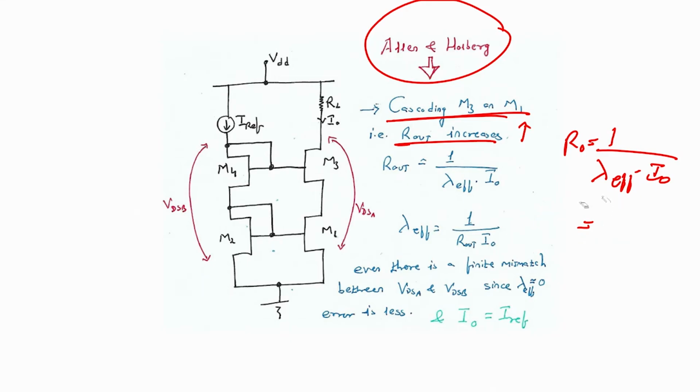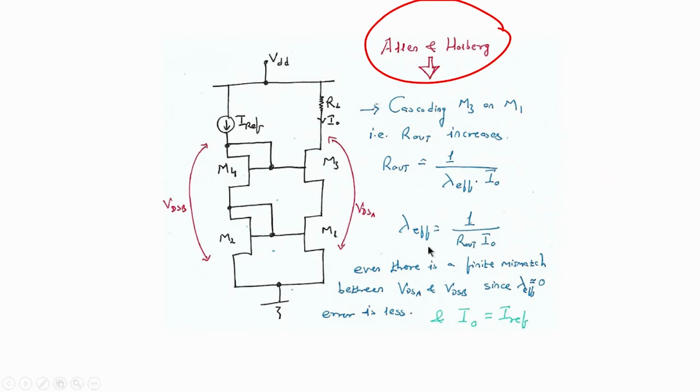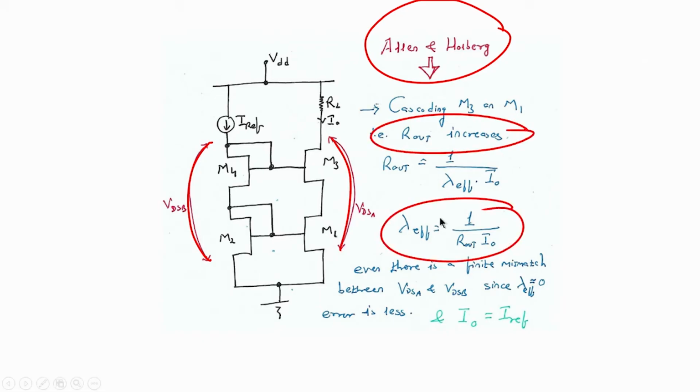When we discuss in terms of what Allen and Hallberg are proposing, it makes more sense, because if I cascode M4 on M2 or M3 on M1, my R out would increase. Since R out is inversely proportional to lambda, increasing R out will decrease lambda, and that is why my overall error would decrease, even if there is a finite mismatch between my VDSA and VDSB.